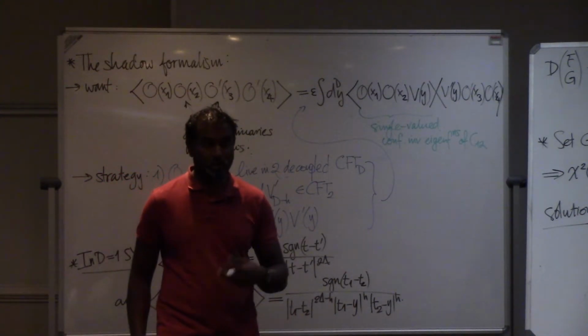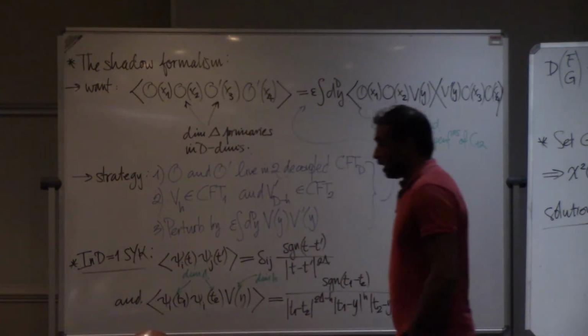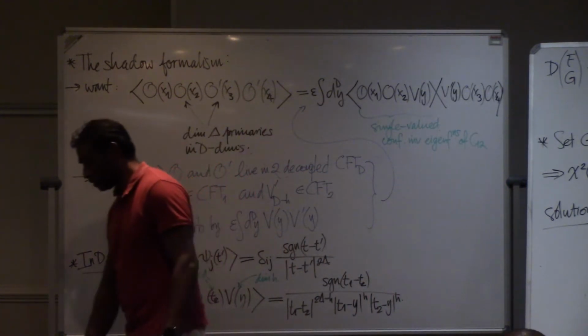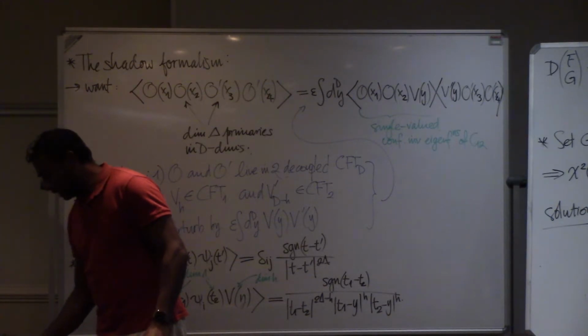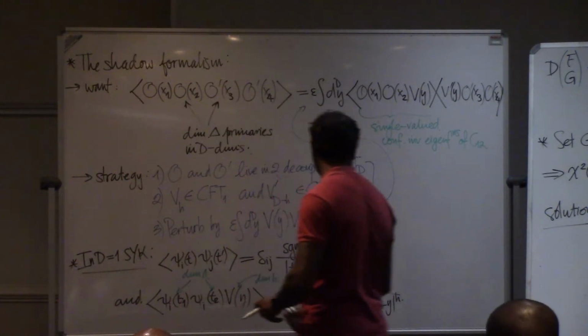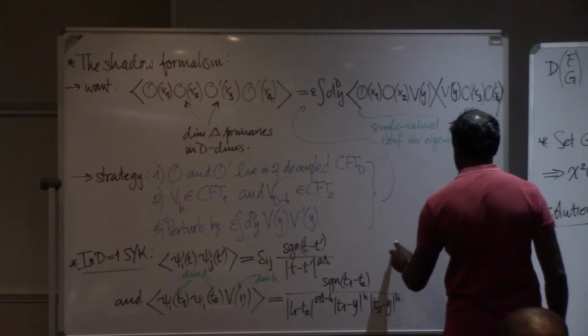So then we take this, we insert it into the shadow representation, and we find that what we get is a contribution to the normalized 4-point function.